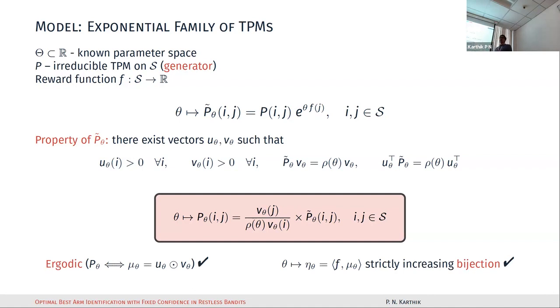The second most important thing is if you define the mean of the matrix P theta as the average value of that function f appearing here.